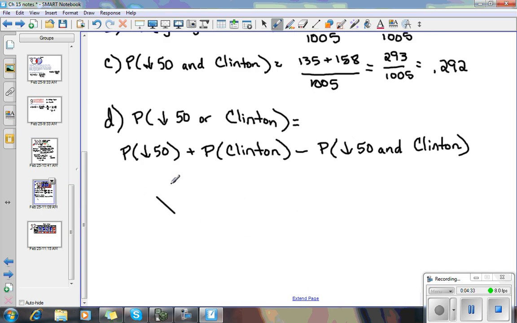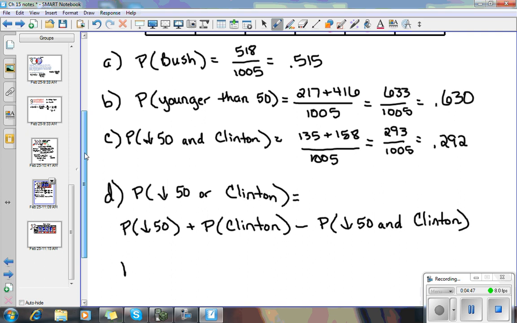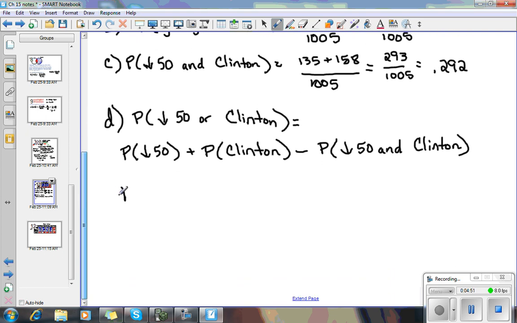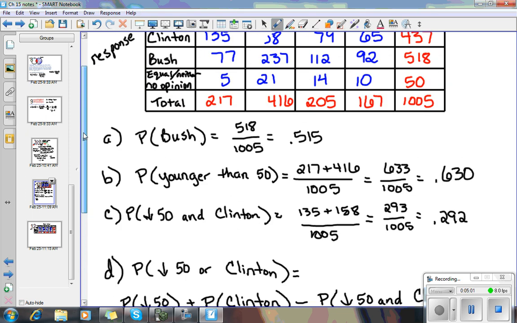So the probability of being younger than 50, I think we already did that, didn't we? We had 0.630. I'm going to leave it 633 out of 1,005, so this is not rounded. And the probability of choosing Clinton, I don't think we had done that one, but let's look up here.